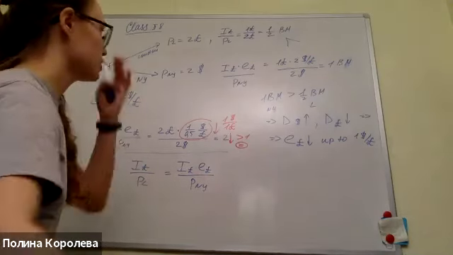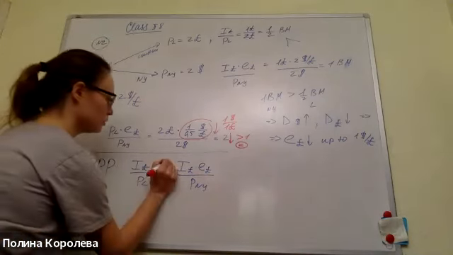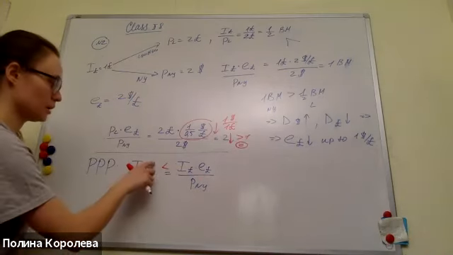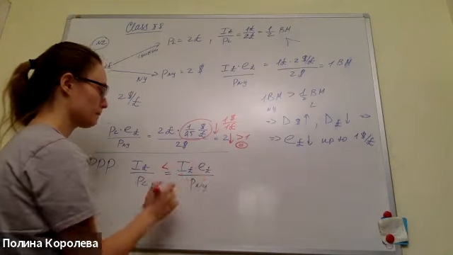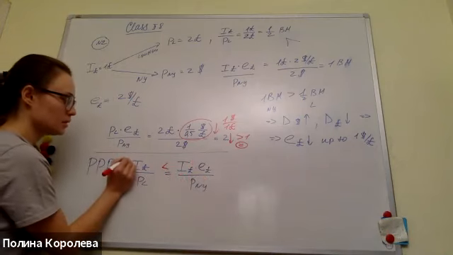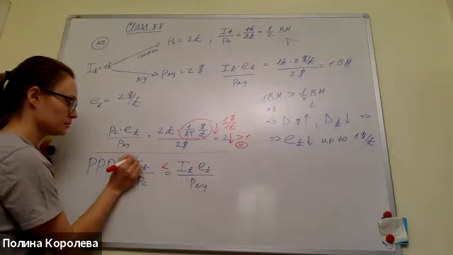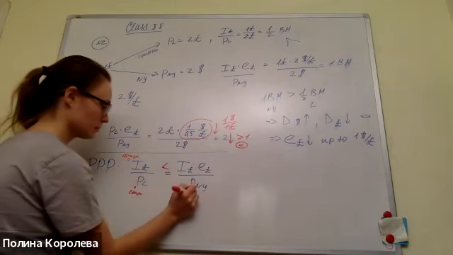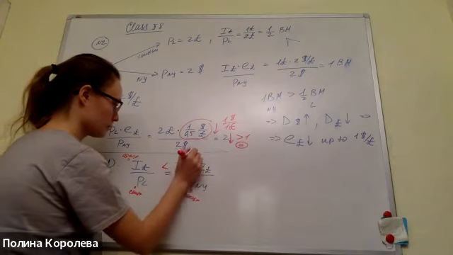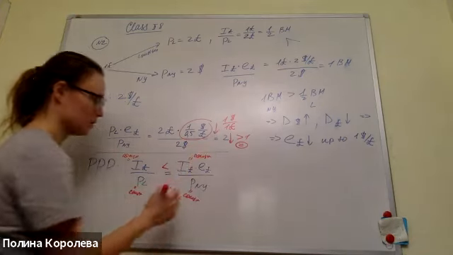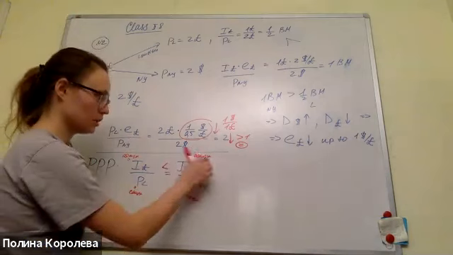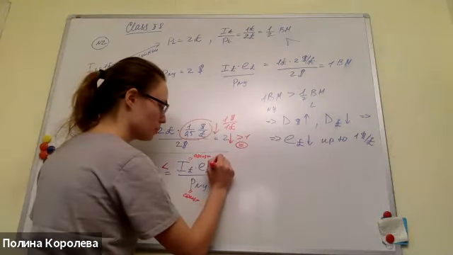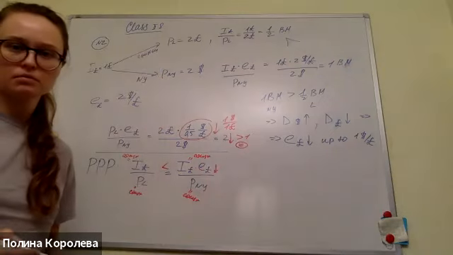But in our situation, we have less. Here we have 1/2, here we have 1. And we know that our income is constant. Prices in London and New York are constant. And the only thing that can be changed is the exchange rate. And to have equality here, the exchange rate of the pound should decrease.